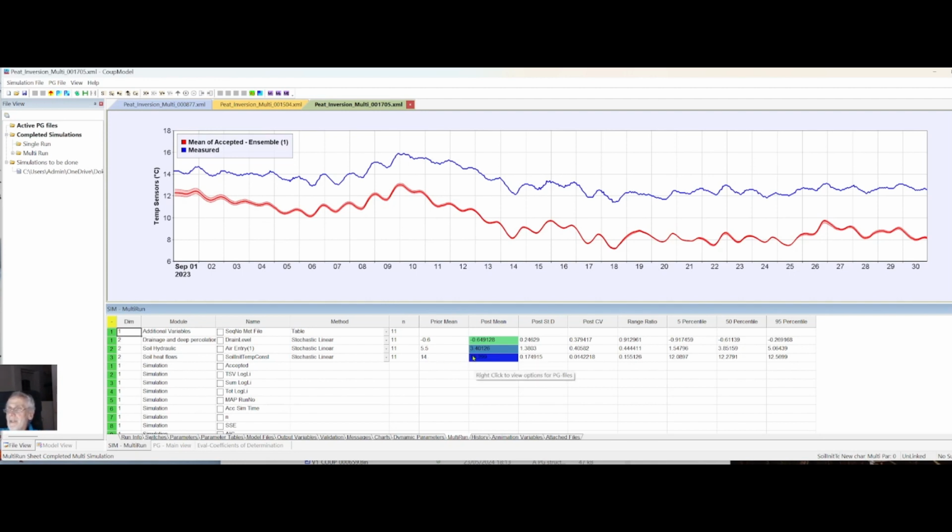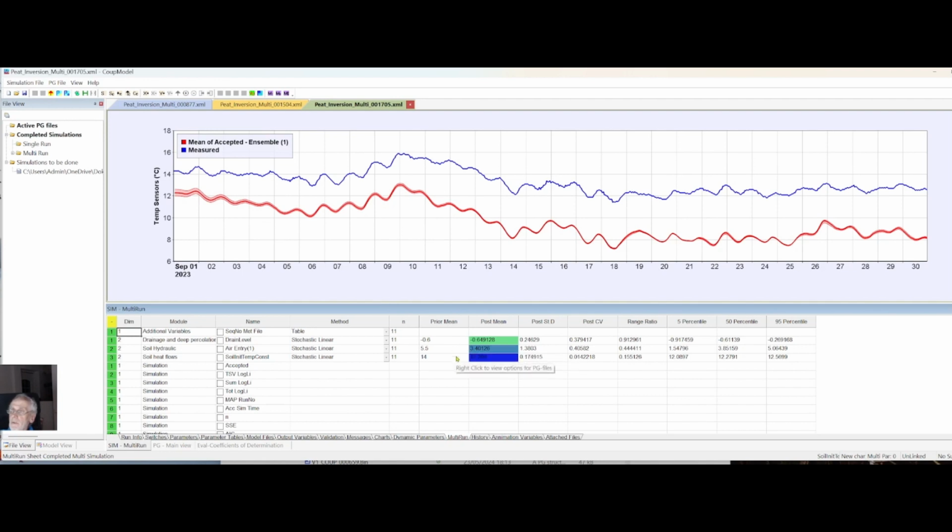Actually, it was not taking the highest value, it was taking the value of 12. 14 and 16 maybe should have been better for the mean value, but for the dynamics 12 was still the best.